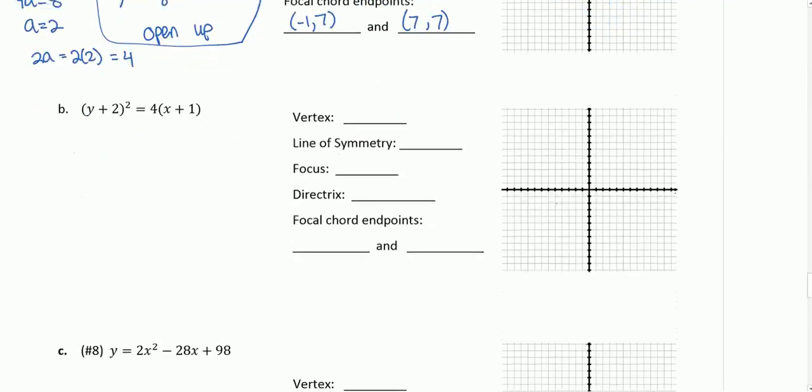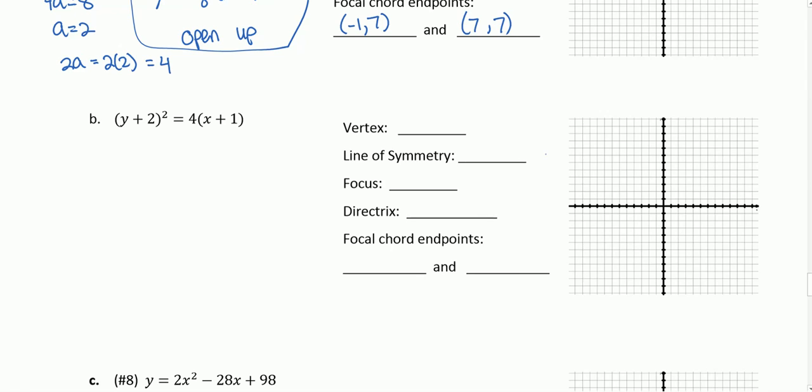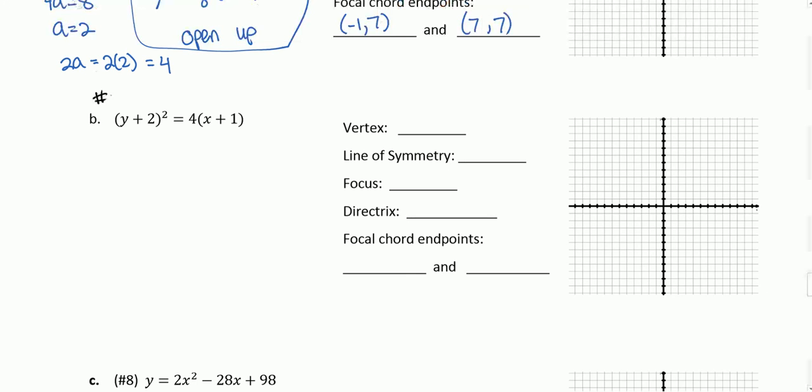So here on part B, the y plus 2 squared is on the left-hand side, and we want to move it to the right-hand side. So we want to switch sides. By the way, this is taken from number 2 on worksheet 7. So when we switch sides, we end up with 4 times x plus 1 is equal to, in parentheses, y plus 2 squared.